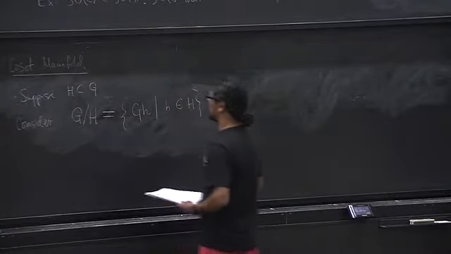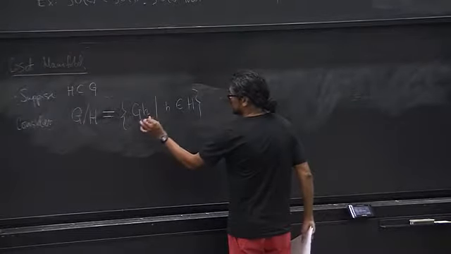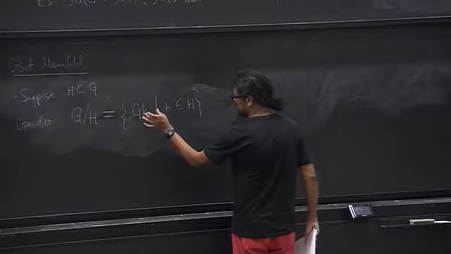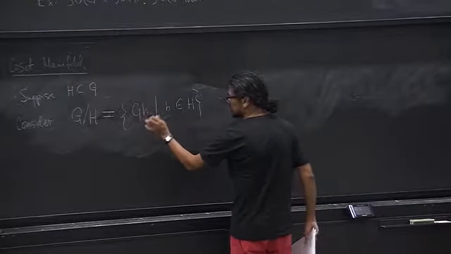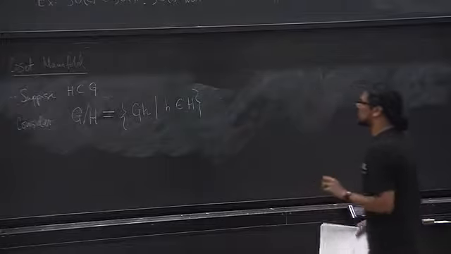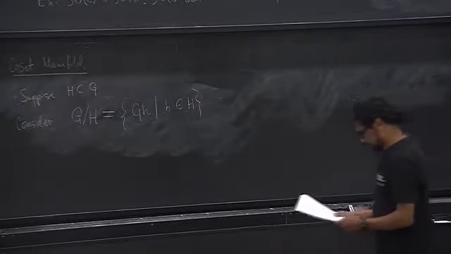So the elements are the different cosets. So they are not group elements. The elements themselves are sets.